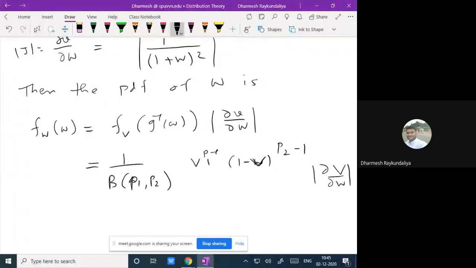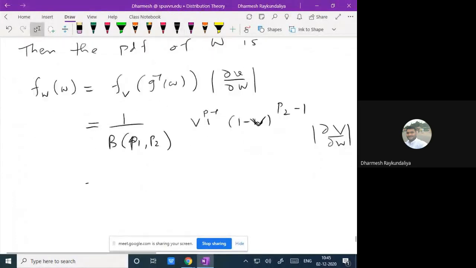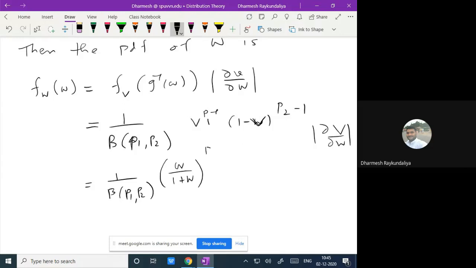Now wherever the v is, we have to substitute. What is the v? It is w upon 1 plus w raised to p1 minus 1, and what is 1 minus v? It is 1 minus w upon 1 plus w, that is 1 upon 1 plus w, raised to p2 minus 1, and this is multiplied by 1 upon 1 plus w whole square.